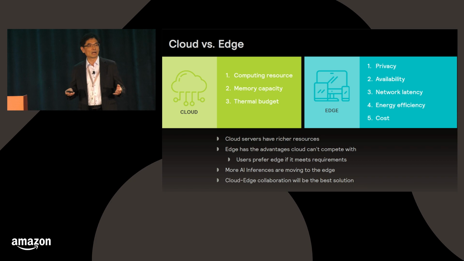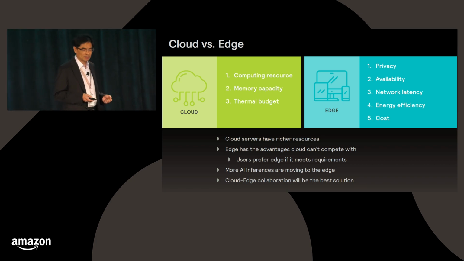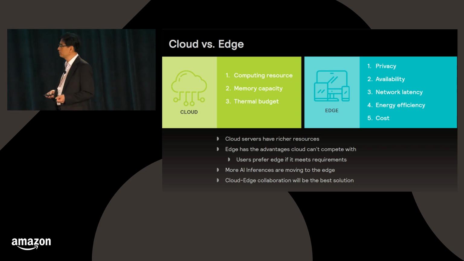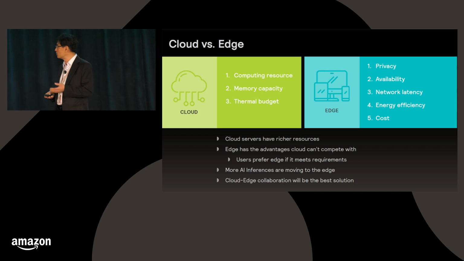Let's have a more comprehensive comparison between cloud and edge. Cloud definitely has much richer resources in terms of computing, memory, or thermal budget. However, edge has lots of advantages that cloud cannot compete with. For example, privacy.